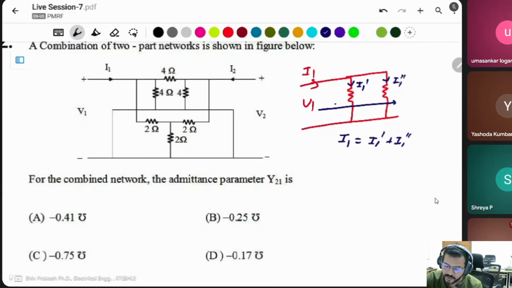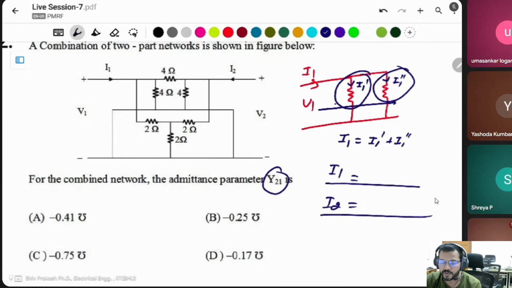First find this I1, second find this I2, because the admittance parameter asks for the combination of I1 and I2. Simply you have to find both currents. In parallel combination both currents will be different but the voltage will be the same. V1 and V2 will be the same.